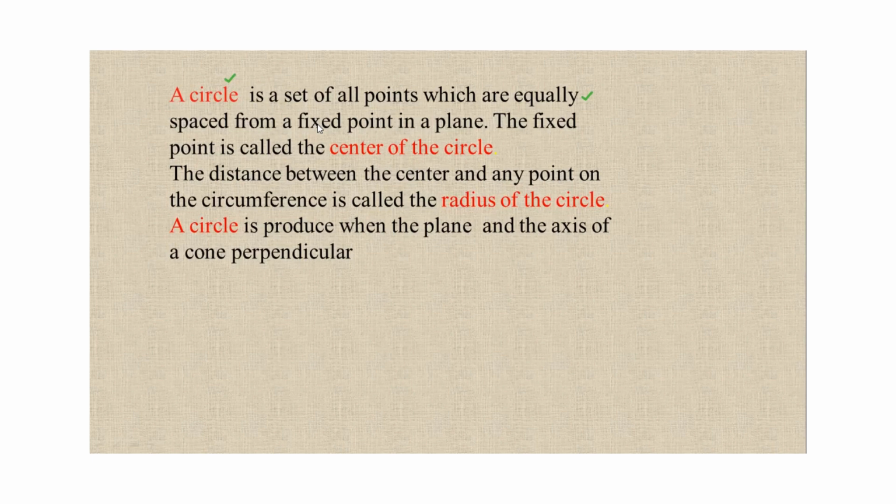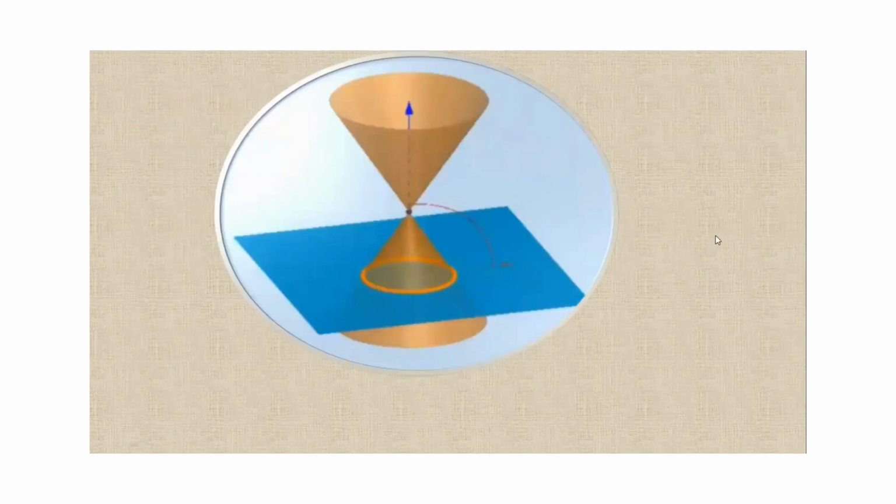A circle is produced when a plane and the axis of a cone are perpendicular. Here is a plane.